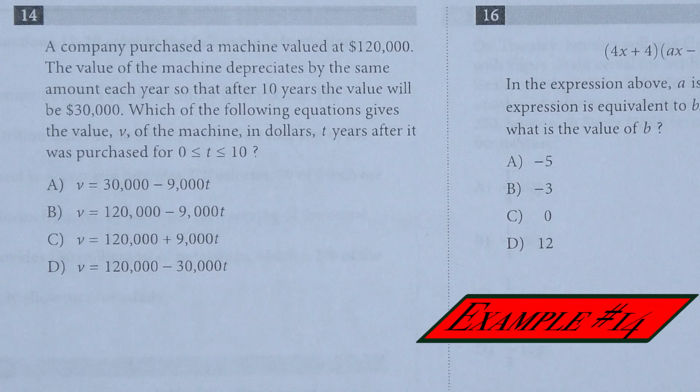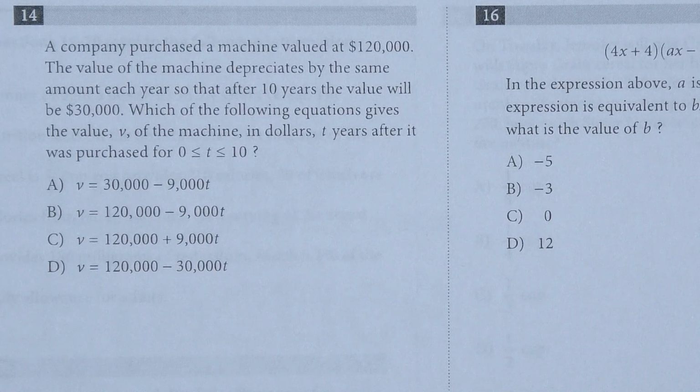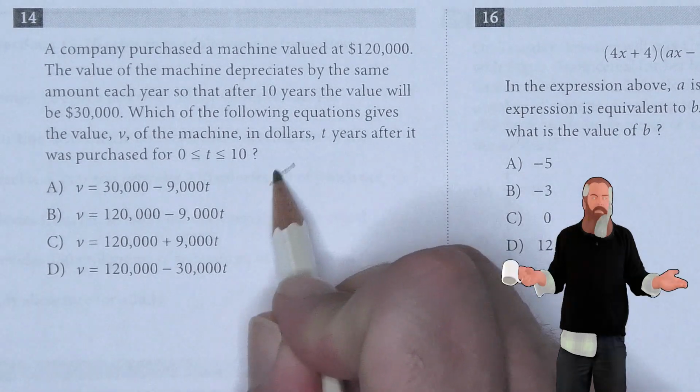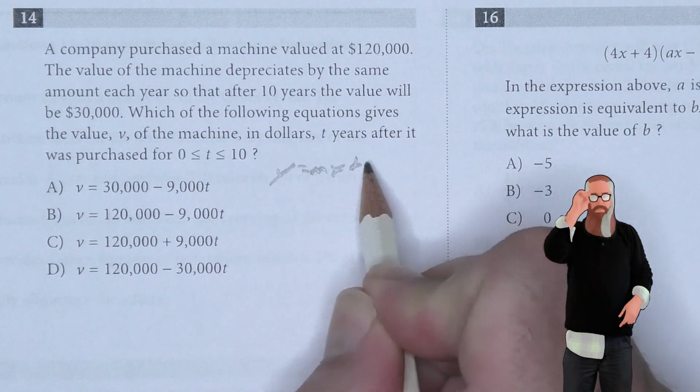A company purchased a machine valued at $120,000. The value of the machine depreciates by the same amount each year so that after 10 years, the value will be $30,000. Which of the following equations gives the value V of the machine in dollars T years after it was purchased for 0 is less than or equal to T less than or equal to 10? So we're going to be writing an equation where y is equal to mx plus b.